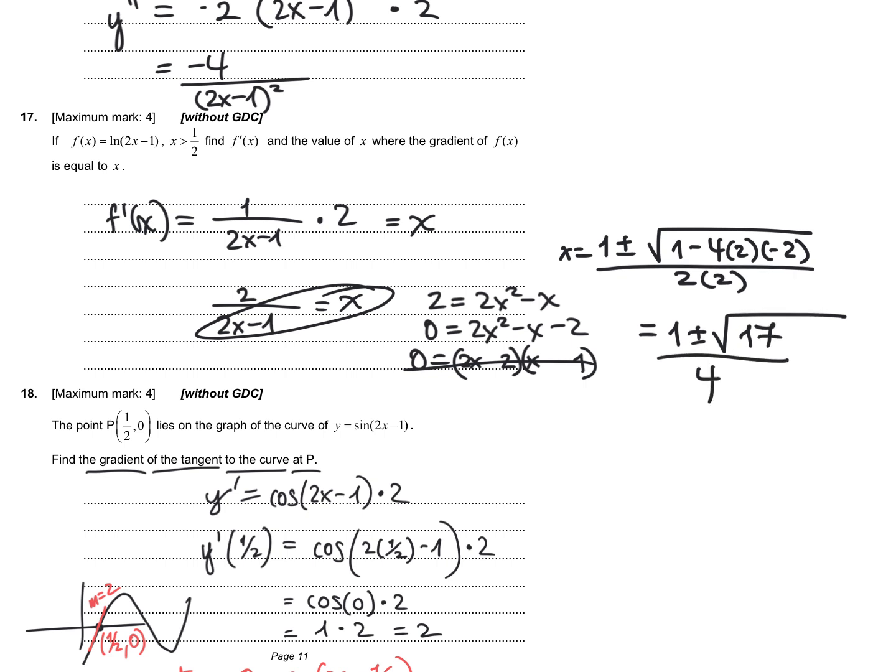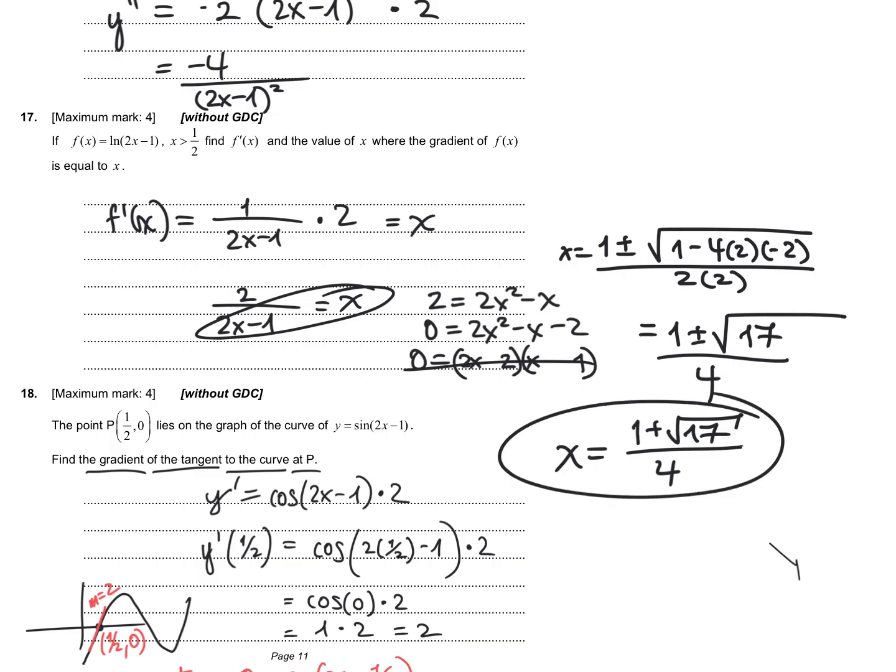So that's the value of x where the gradient is equal to x. So x has to be greater than 1/2. Square root of 17 is a little bit over 4, right? So if we add 1 plus a little bit over 4, this is going to be the answer we want, because if we subtract 1 minus a little bit over 4, that's going to be a negative number, which is not greater than 1/2.